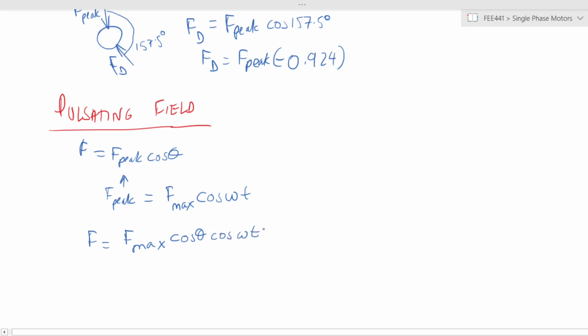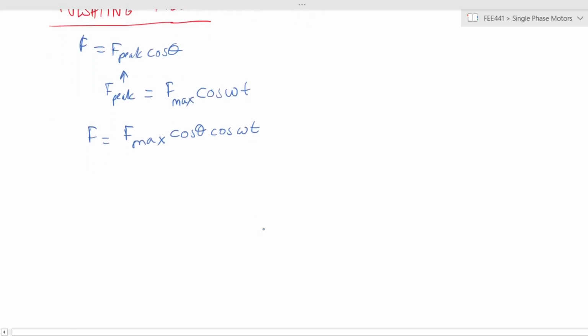Okay. But if we remember our trigonometry, we used to say that cos A cos B is equals to a half times cos A plus B plus cos A minus B. Okay.